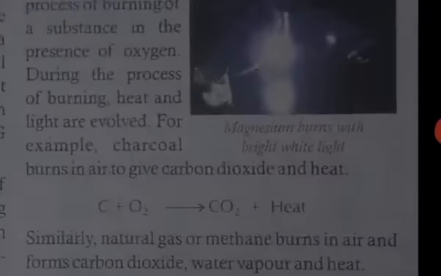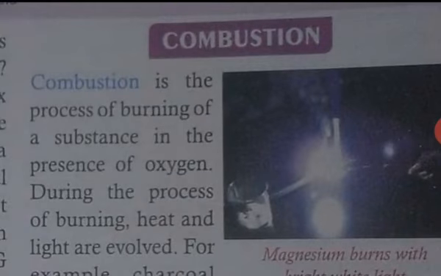So the first is, what is combustion? Combustion is defined as a process in which a substance is burned. It is a chemical reaction accompanied with the evolution of heat and light energy. Generally, during combustion, a substance combines with oxygen of the air, that is, carbon burns in oxygen of air to produce carbon dioxide.